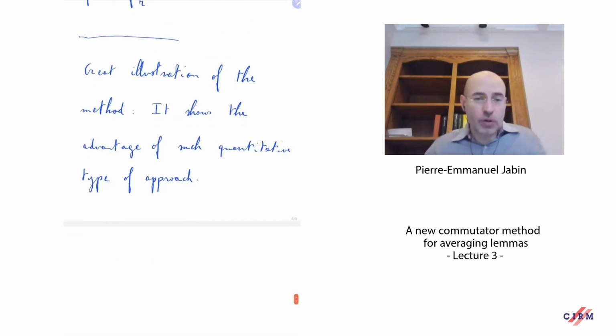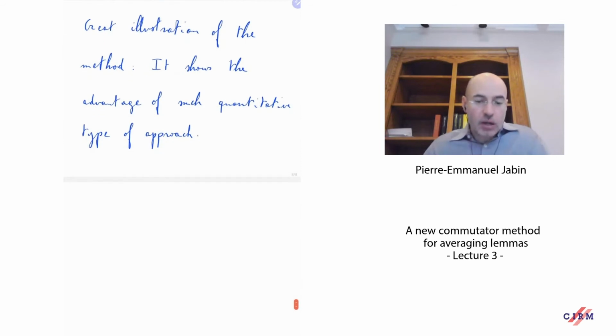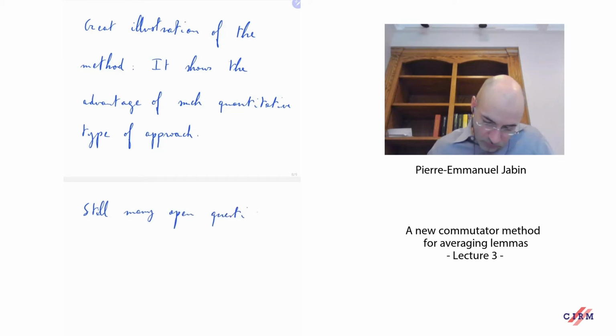Now, there's still quite a bit of work here to do and trying to understand what happens if B is not smooth, for example, right?